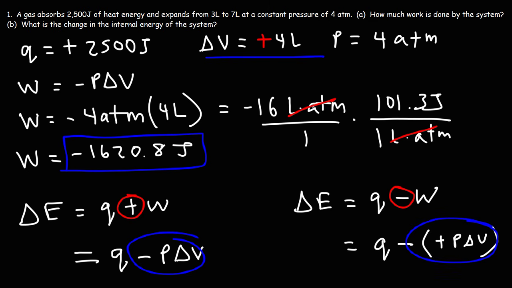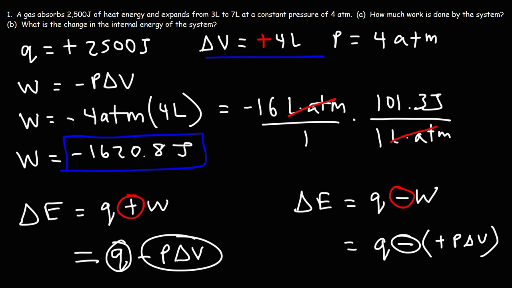So it's kind of like a double reverse, where it works out to be the same. The end result is that delta E is still equal to Q minus P delta V. When you combine a negative and a positive, you still get a negative sign. So the end result is still the same, but the way of getting to the final equation is a little bit different. You want to keep that in mind when dealing with chemistry or physics for this type of topic.